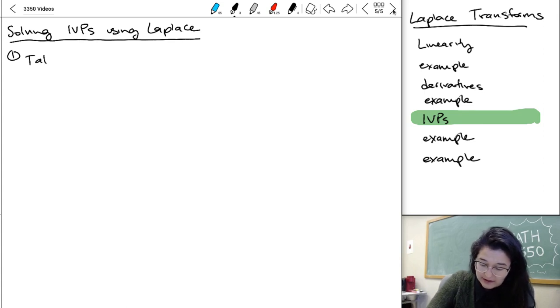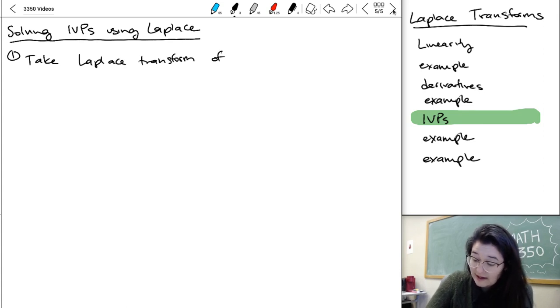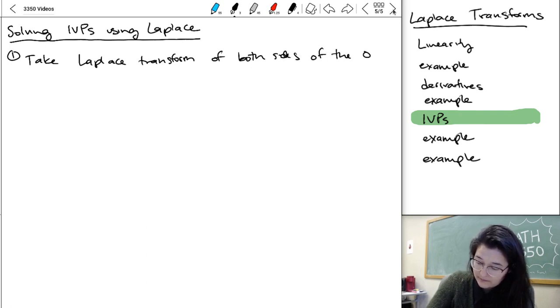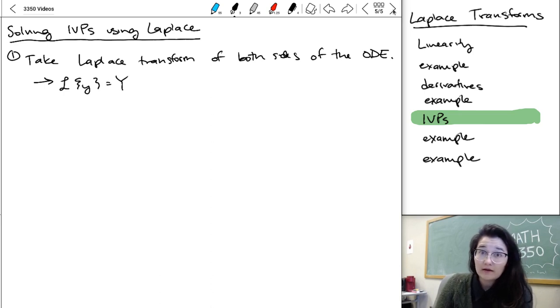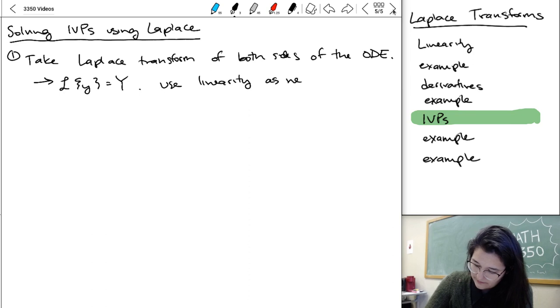So first, we're going to take Laplace transform of both sides of our ODE. So remember that L of y is going to be denoted by capital Y. We're going to remember to use linearity whenever necessary.